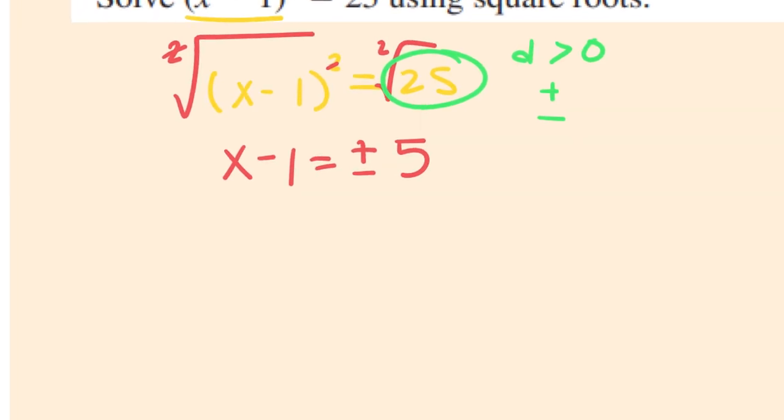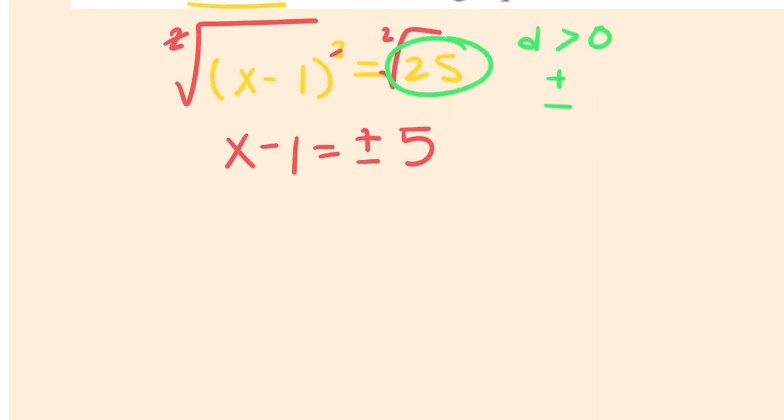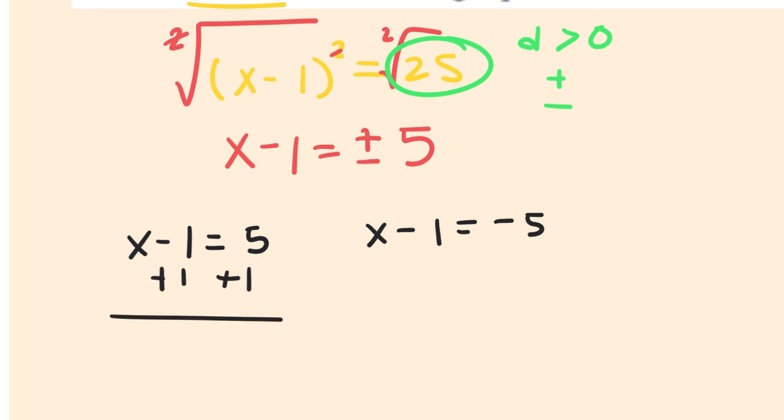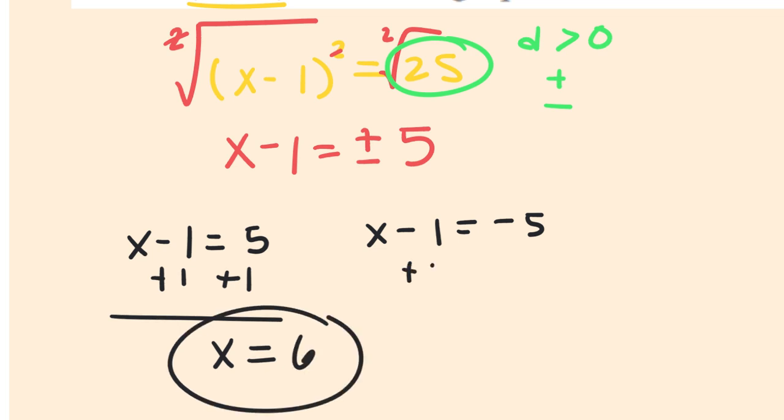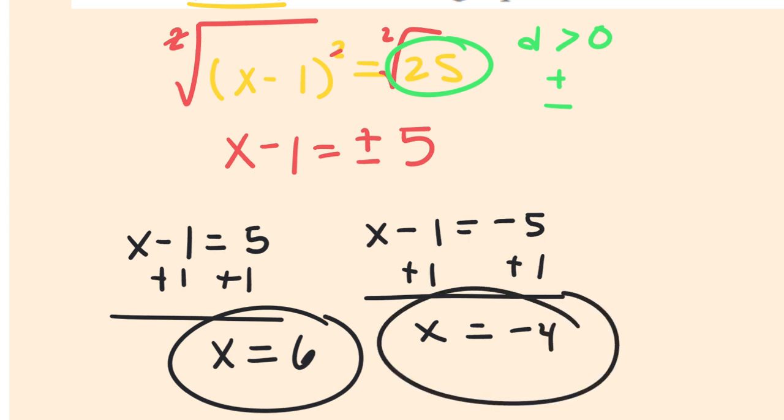Now I'm going to separate because it's telling me that I have x minus 1 equals 5 and x minus 1 equals negative 5. So I'm solving for x. Plus 1 on both sides, x equals 6, and x equals negative 4. And those are both my answers.